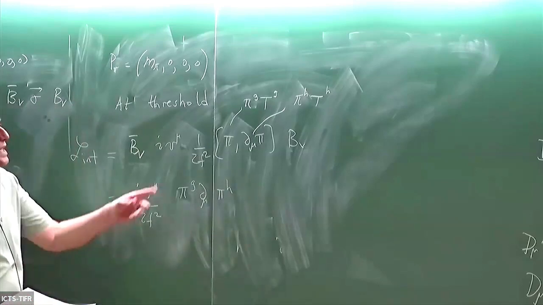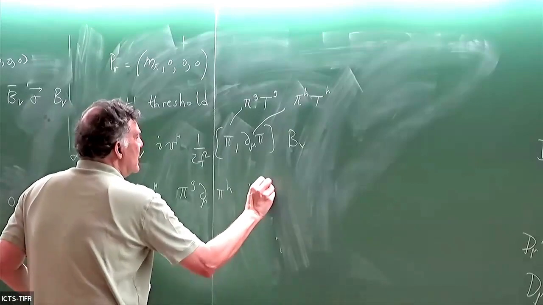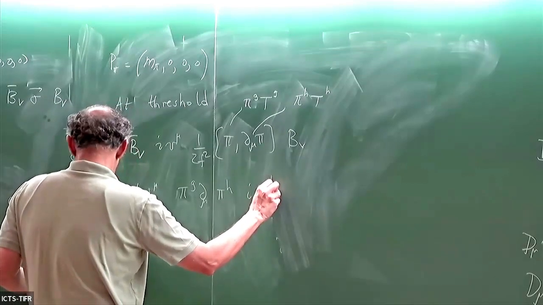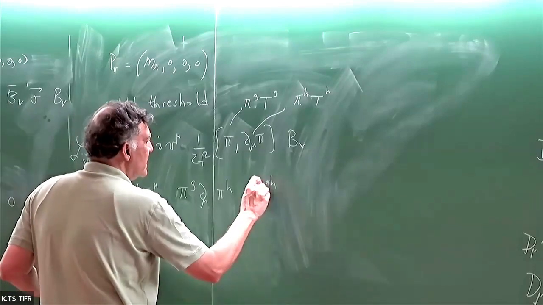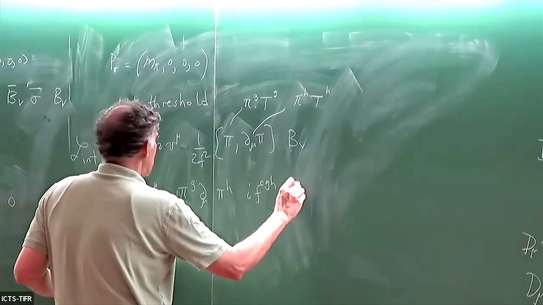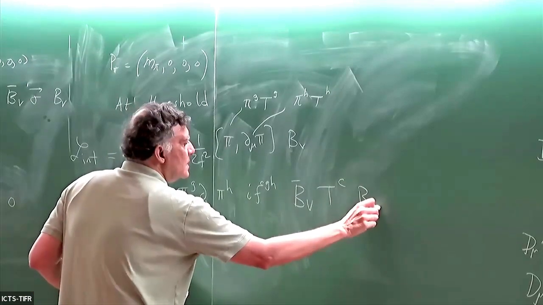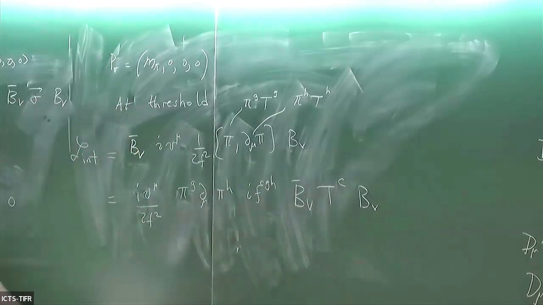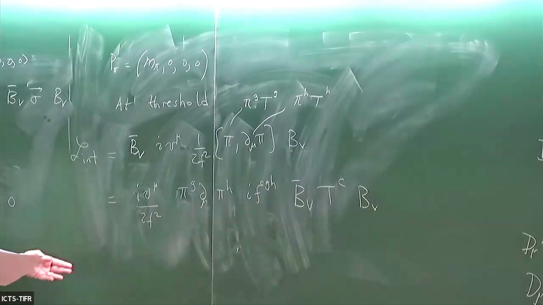And then the commutator of tg with th is I f c gh times tc. So then I get b bar v tc b sub v. Okay, so that's because the commutator is a structure constant, and so this is what I get.